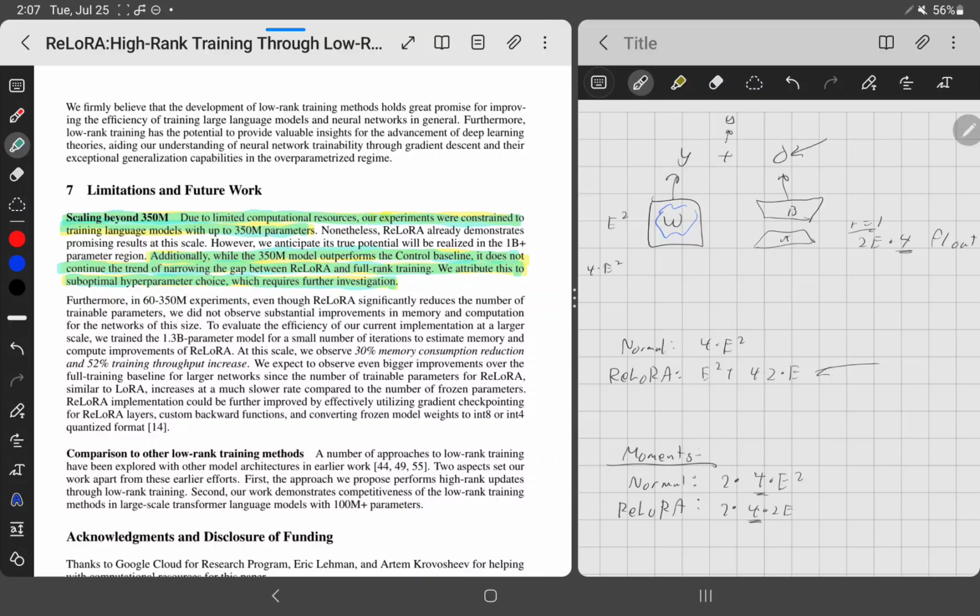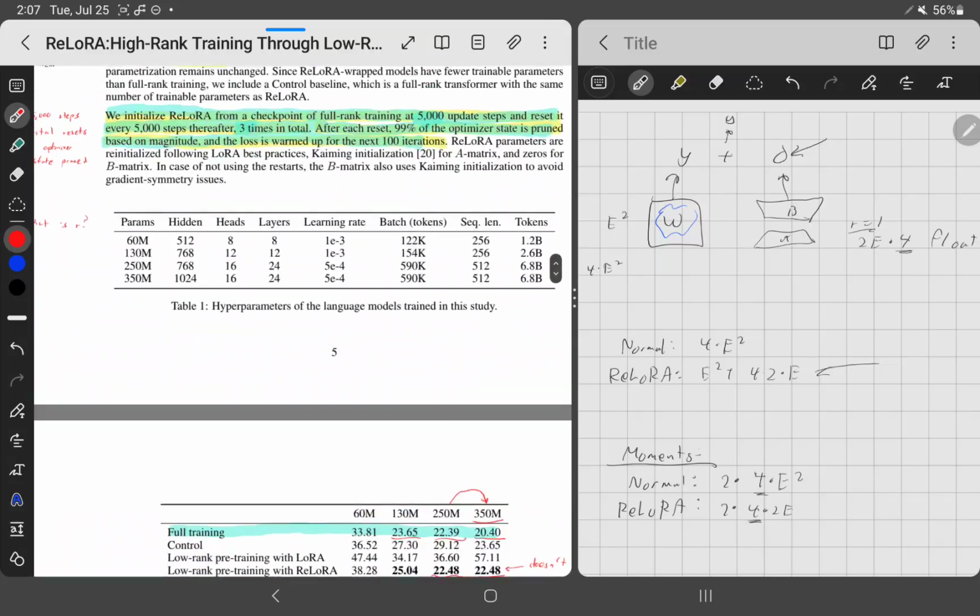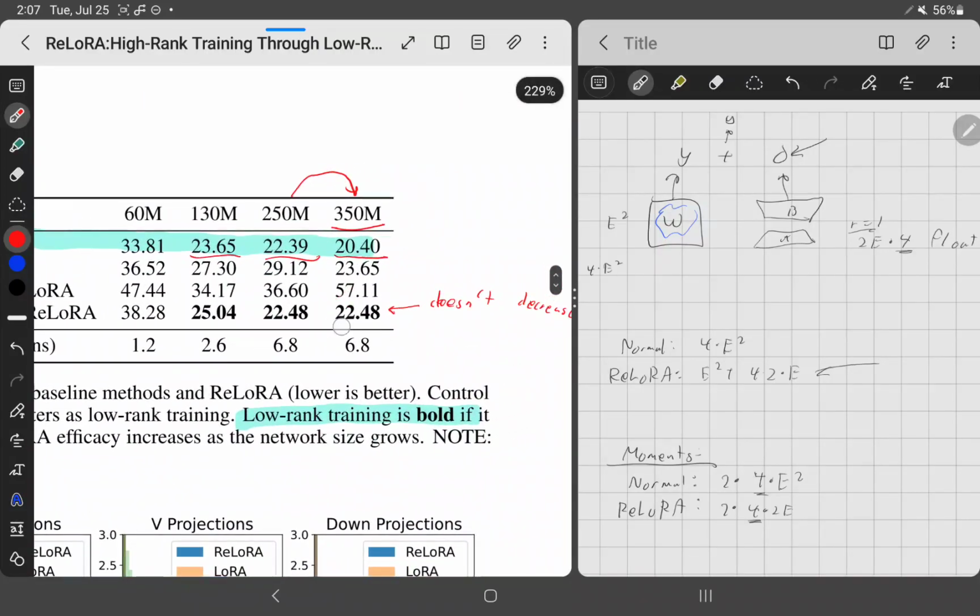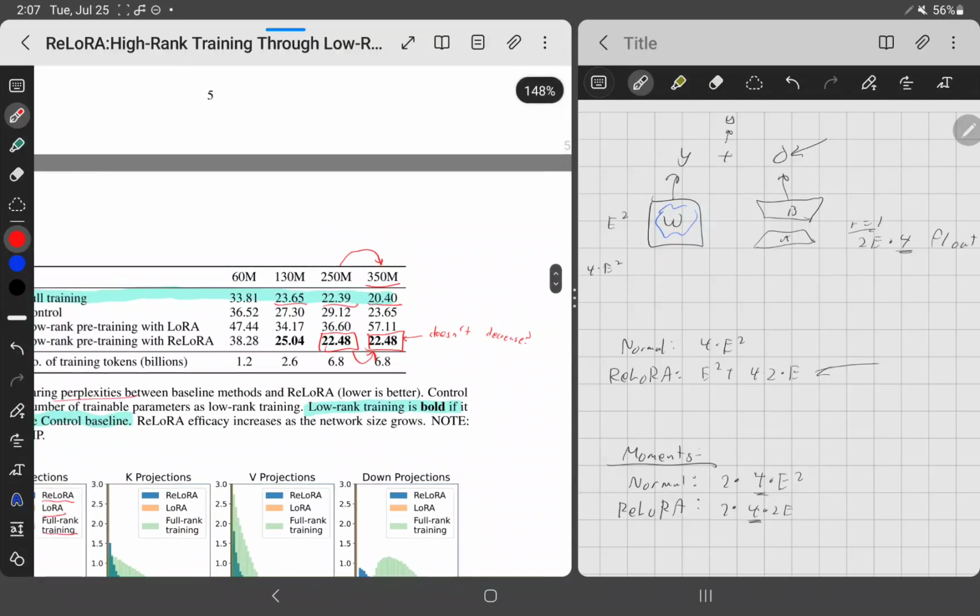So they claim that they chose suboptimal hyperparameters, which made these scores very similar. The score for 350 is, well, not similar, the same. You would expect this to decrease with scaling laws, and they say that's due to hyperparameter choices. We don't know yet, so that's something interesting to look at.